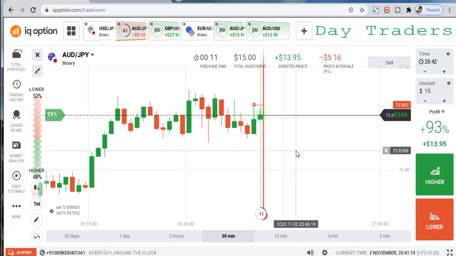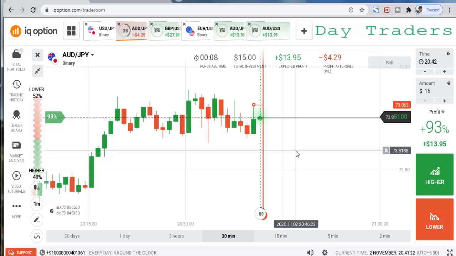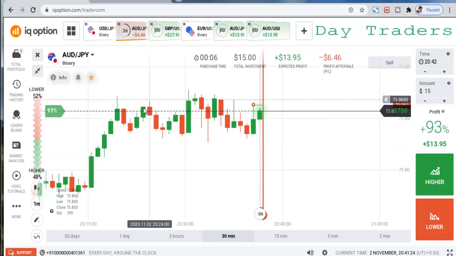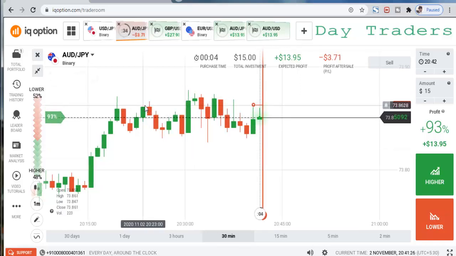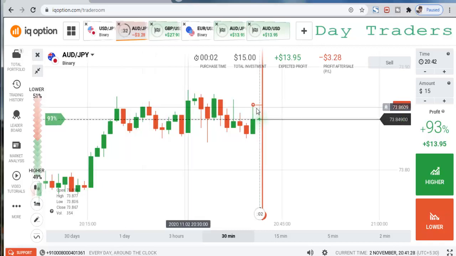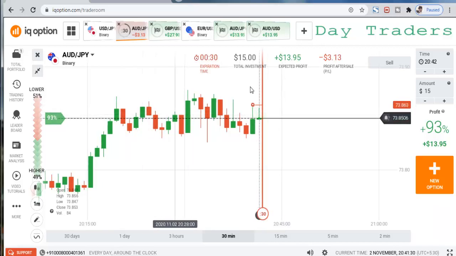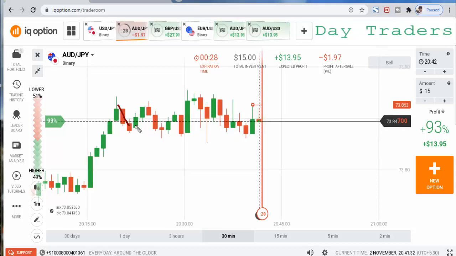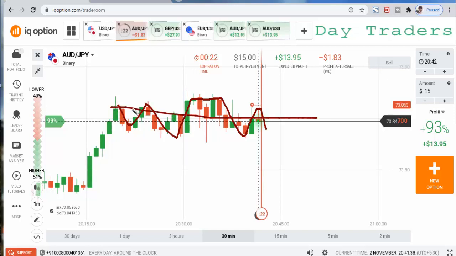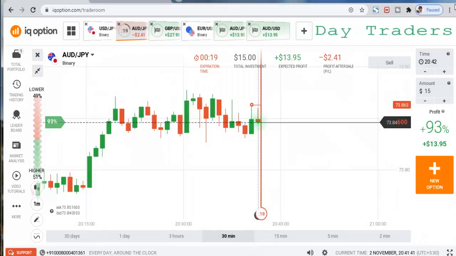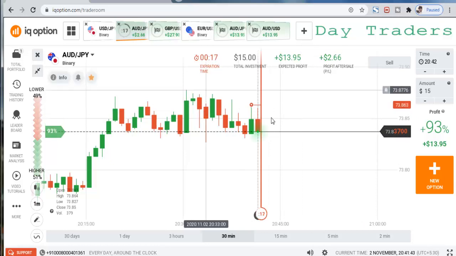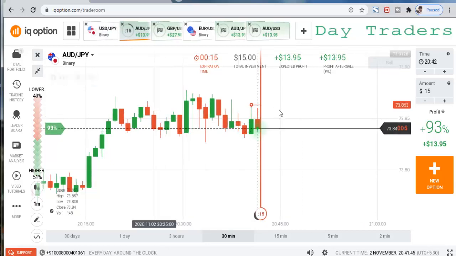Okay, and this is a very strong sellers area, and this is not a trendy market. Okay, this is a head and shoulder pattern also. Okay, let's see some sellers enter the market. Check the other pair.